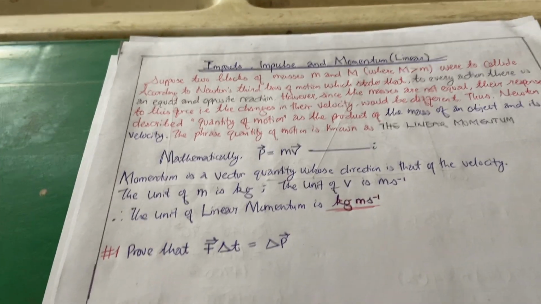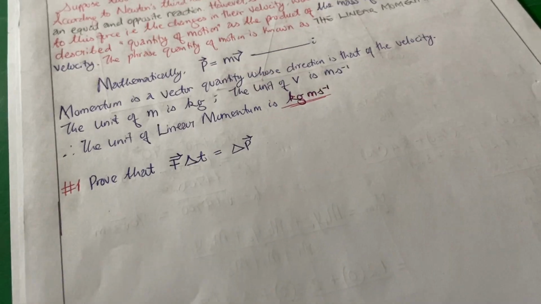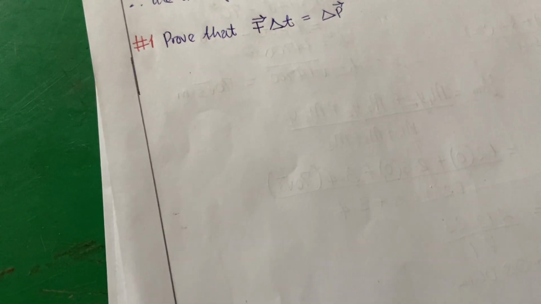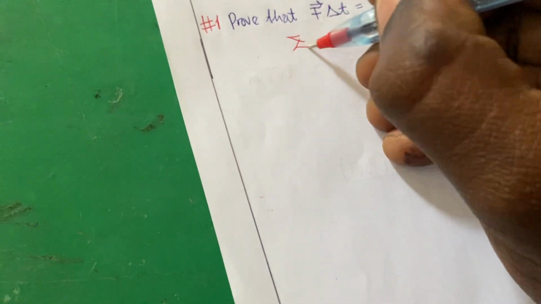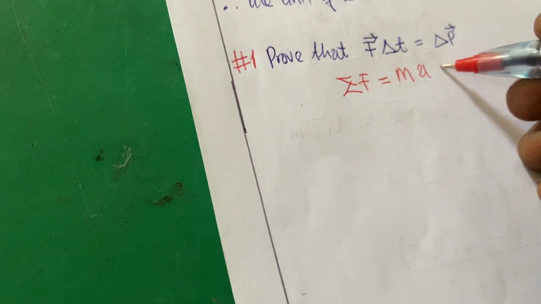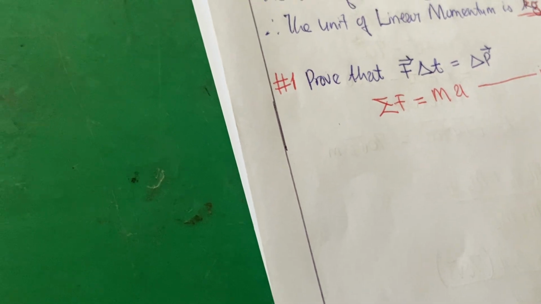To prove this, the very first thing we need to do is to consider Newton's second law of motion. Mathematically it can be expressed as the sum of all forces equals mass times acceleration. I'm going to title this one as equation 2.